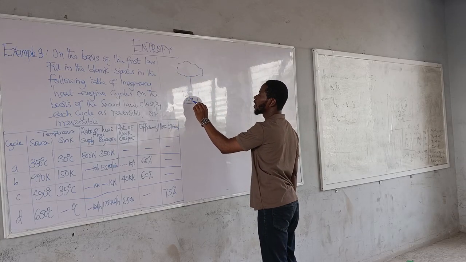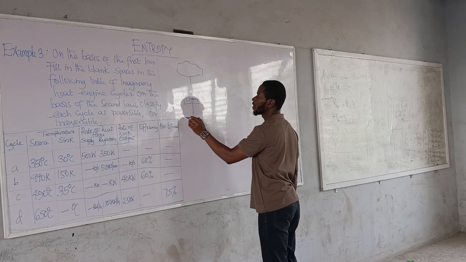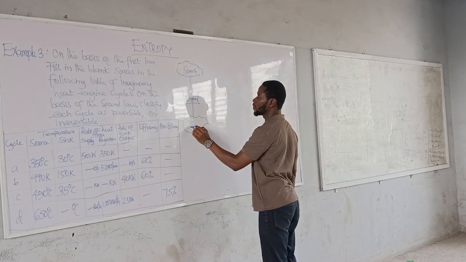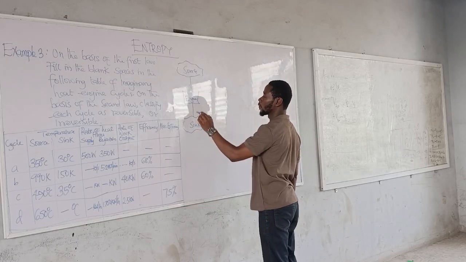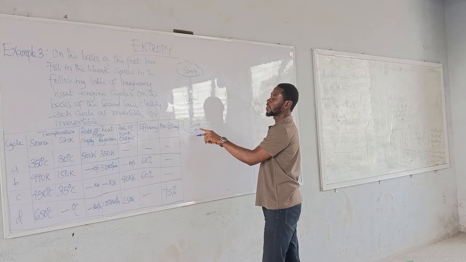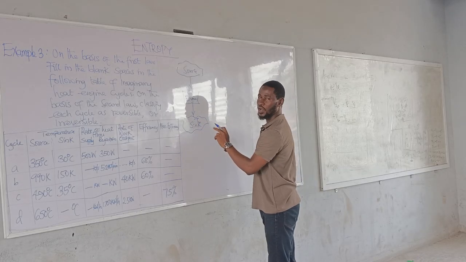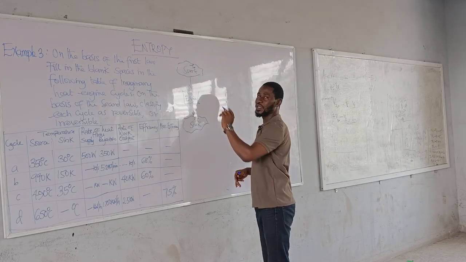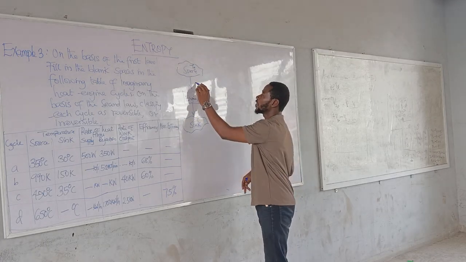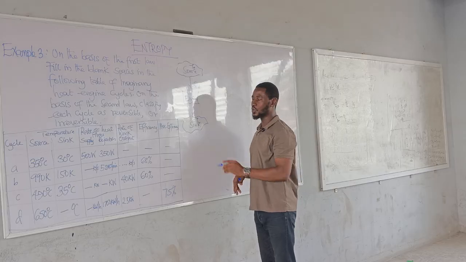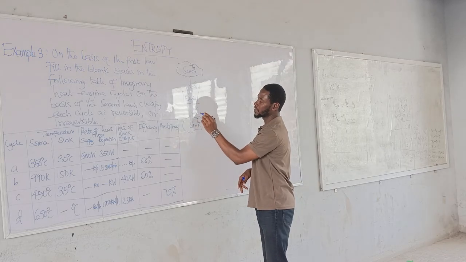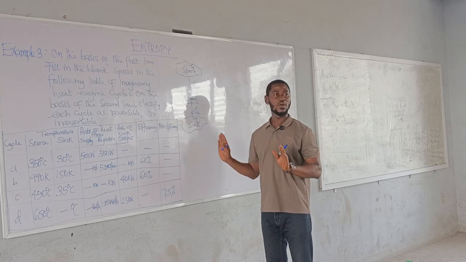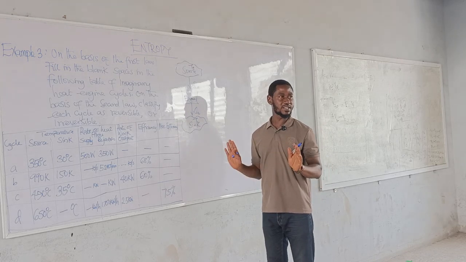This is the engine, and this is where the work is being done. We have here the source, here the sink, depending on the arrow. This is the sink, TL. At this point, heat is lost, and at this point, we have heat added to the system. Also, heat is added to the system at this level, and heat is being rejected from this system to the surroundings or environment. This is a typical example of a heat engine.